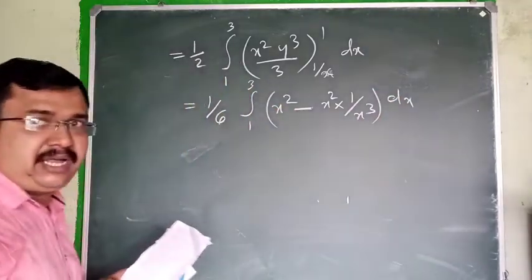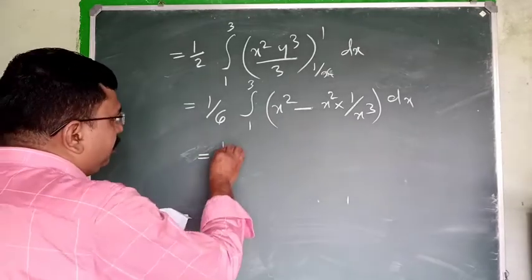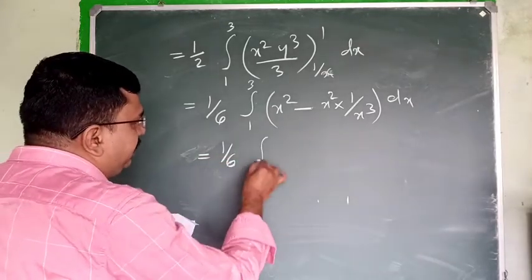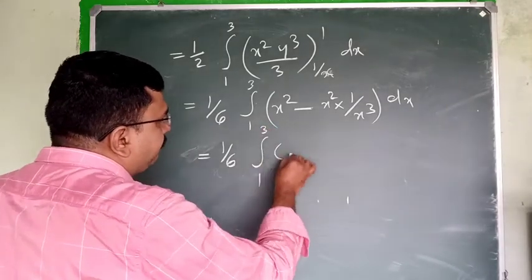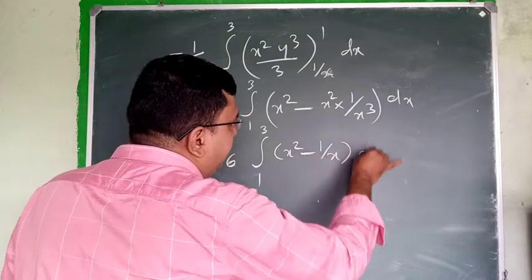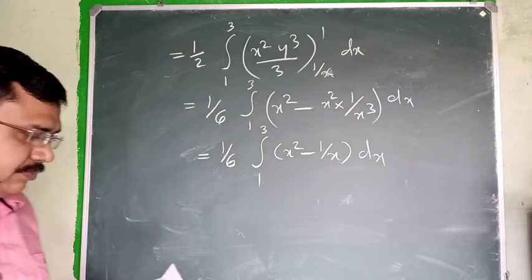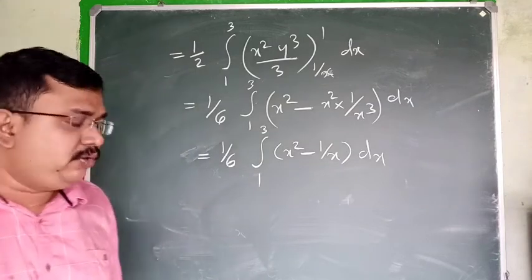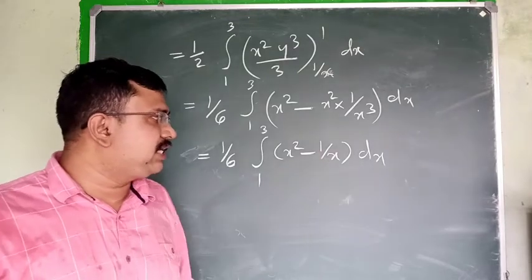That is equal to 1 by 6 into integral 1 to 3 of x square minus 1 by x dx.